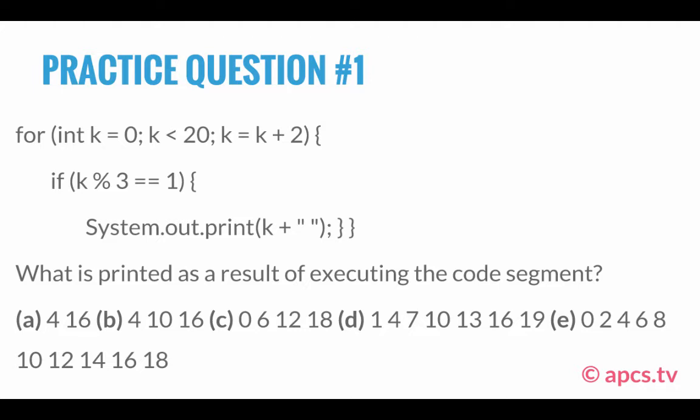That's a for loop, and we recognize that very well. Inside of this for loop, we have an if statement: if (k % 3 == 1), then System.out.print(k + " "). Now the question is, what is printed as a result of executing this code statement?